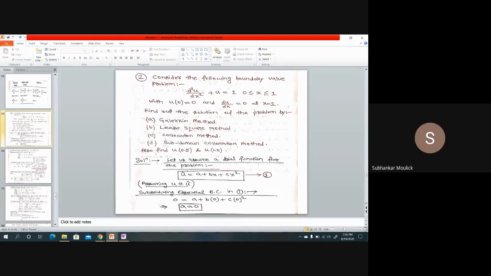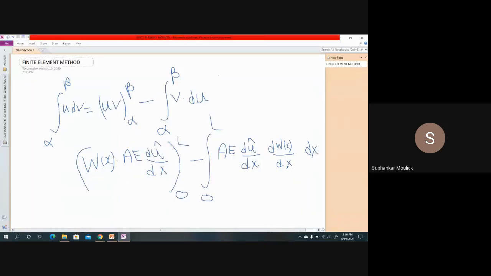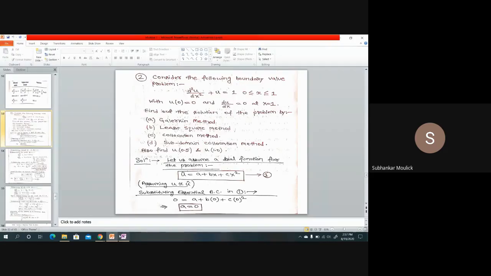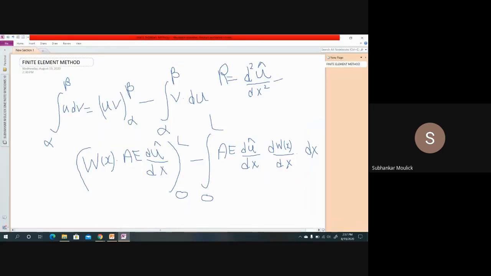So your residual for this problem becomes d2 u cap, or u bar, whatever you call, by dx2, plus u cap minus 1. This will be the domain residual of this problem.